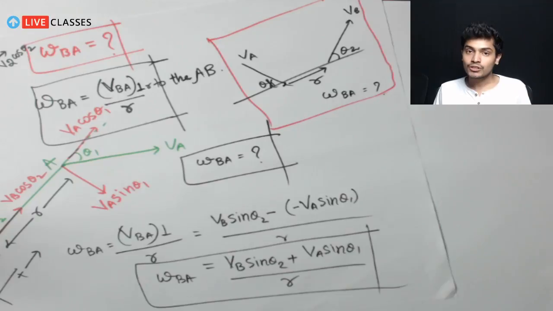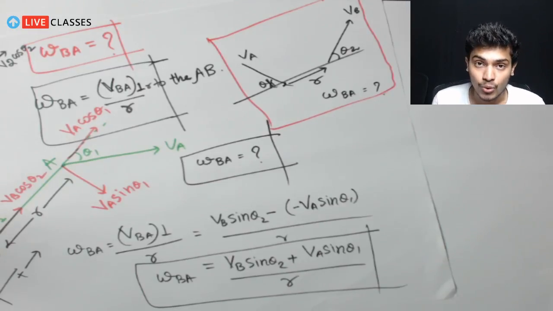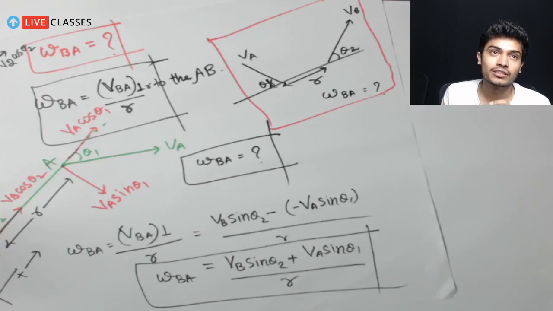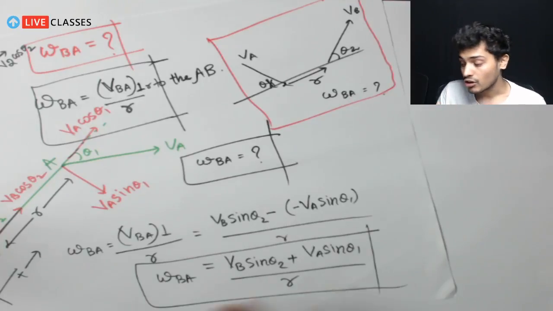So let's move on to the dynamics part of circular motion. In the dynamics part, first of all we will cover the basic introduction of centripetal and centrifugal force, and after that we will apply the concepts of circular motion in conical pendulum and simple pendulum, and after that we will see the turnings of rod.